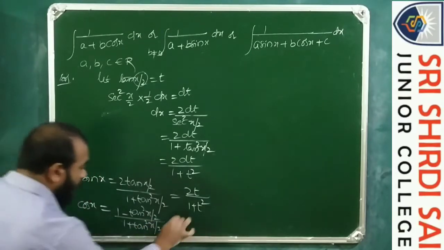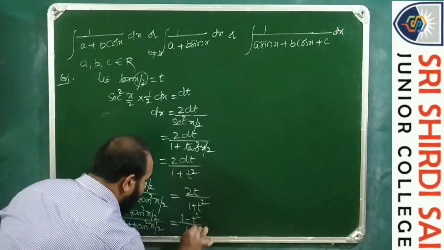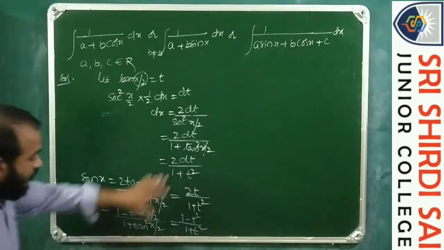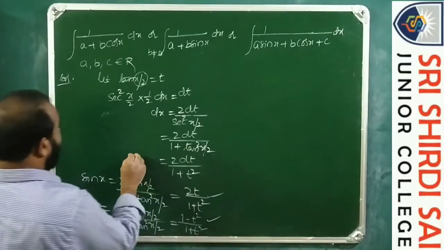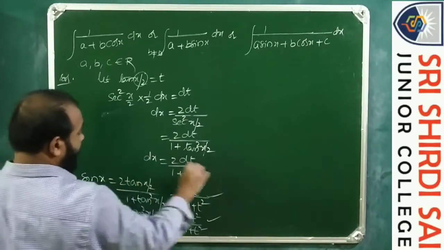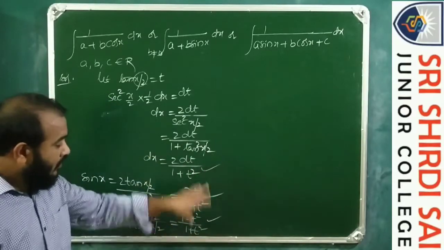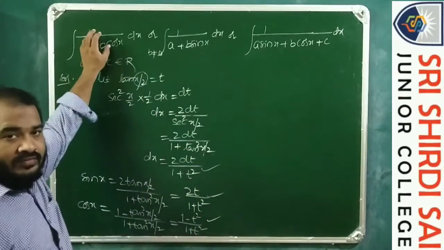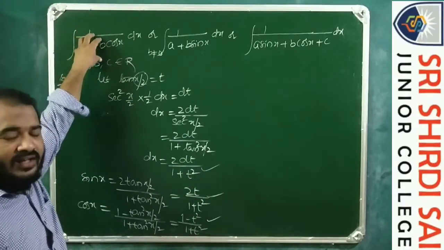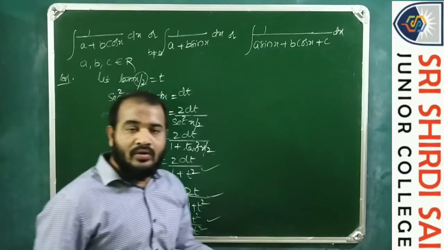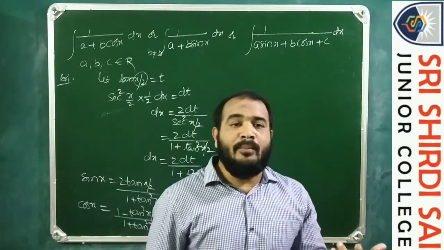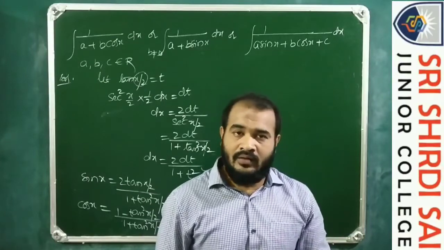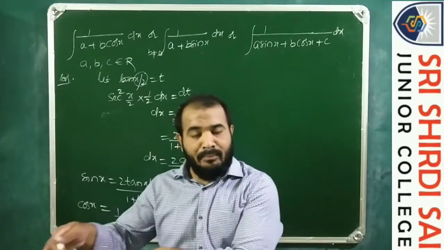So this is 1 minus t square by 1 plus t square. All this as well as dx, if you substitute in the given integral, it will be converted into a quadratic expression. So we know the complete the square method, which we have discussed in the beginning of this video.